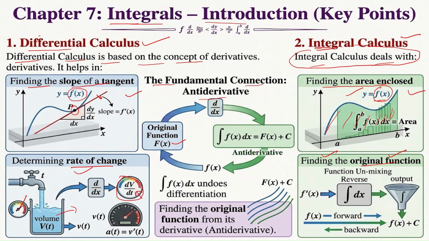If we differentiate, you will get the function small f of x. If you integrate that function, what will you get? You will get the original function again. If we differentiate capital F of x, you get small f of x. Again, if we integrate that, you get capital F of x.